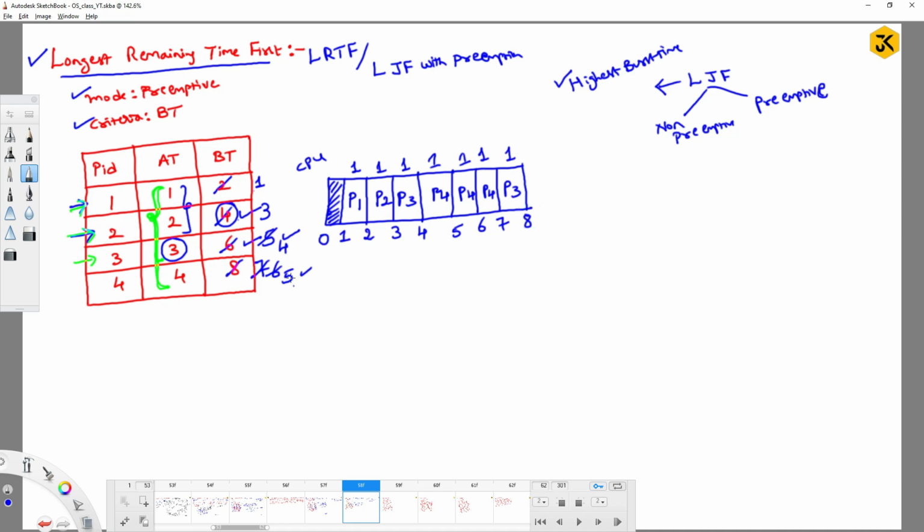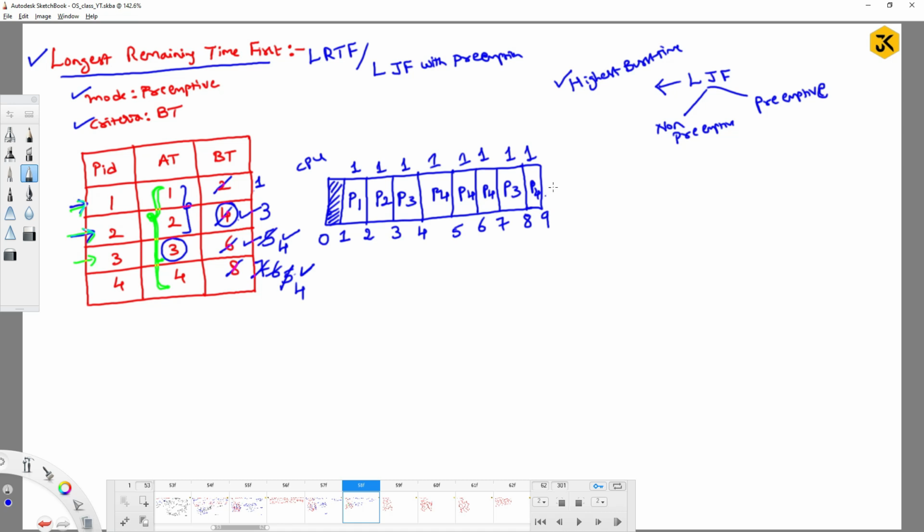By the time of 8 units, again P4 has the highest burst time, so it will reduce by 1 more unit of time. That means P4 will be allocated 1 and 9. Now both again have the same burst time.